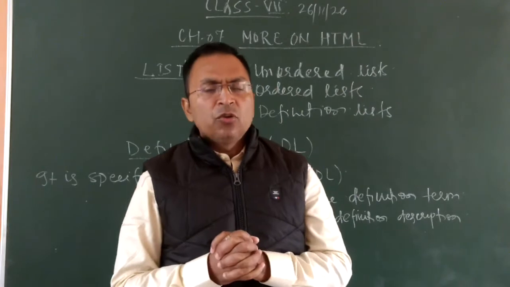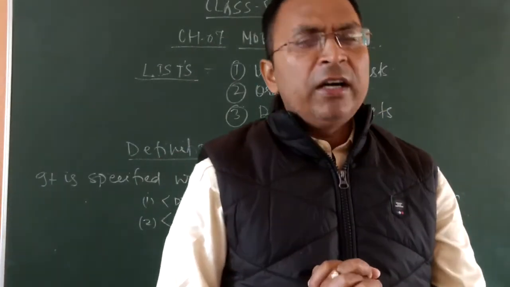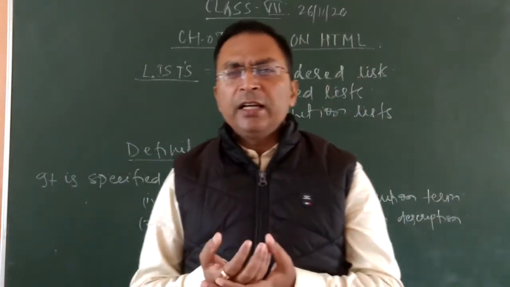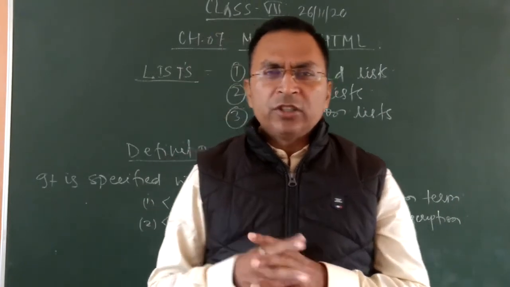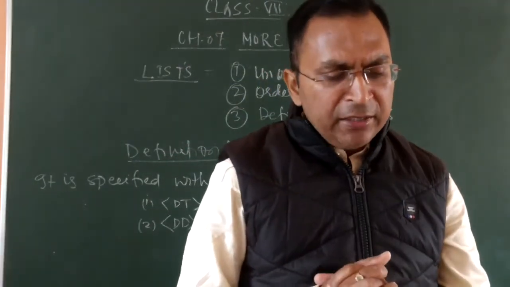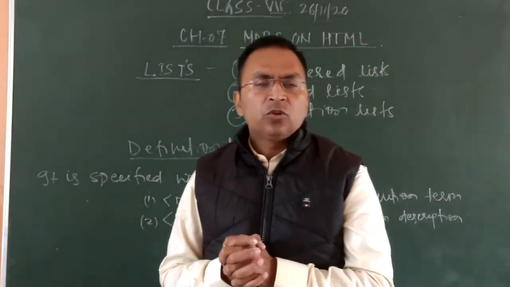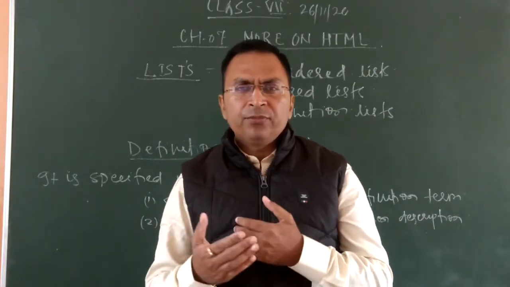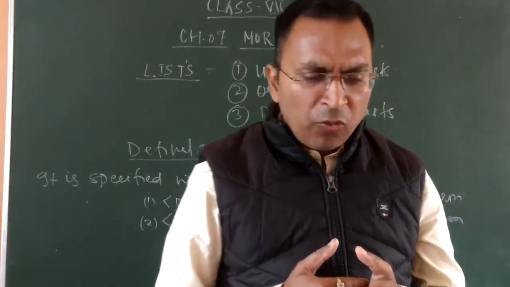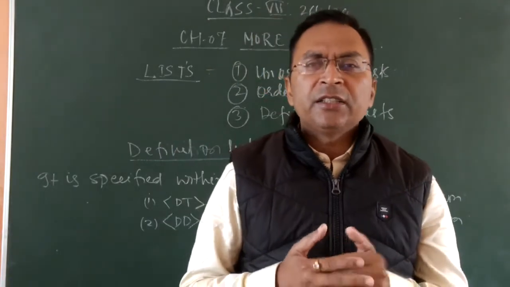In this ordered list its tag is divided into three types: type, start, and value. Type means what type of numbering the user is trying to use.